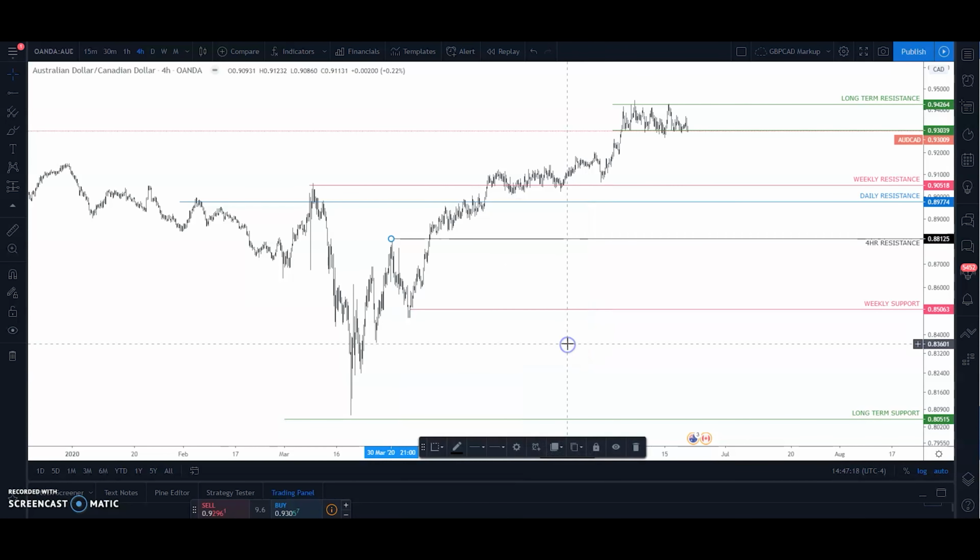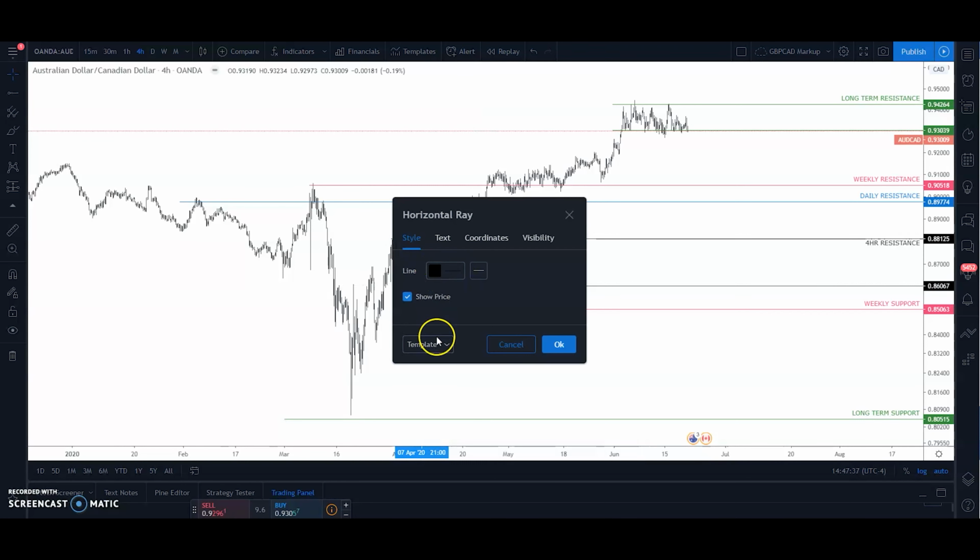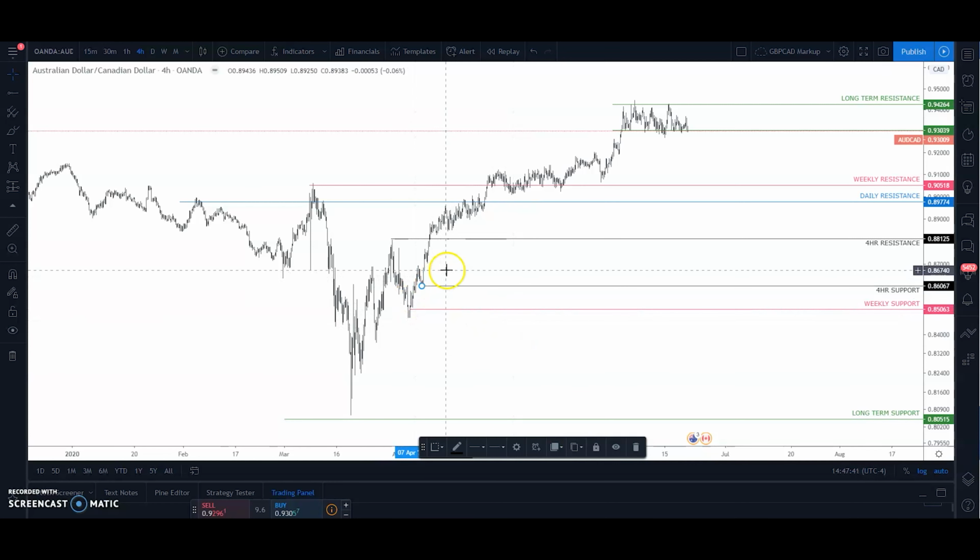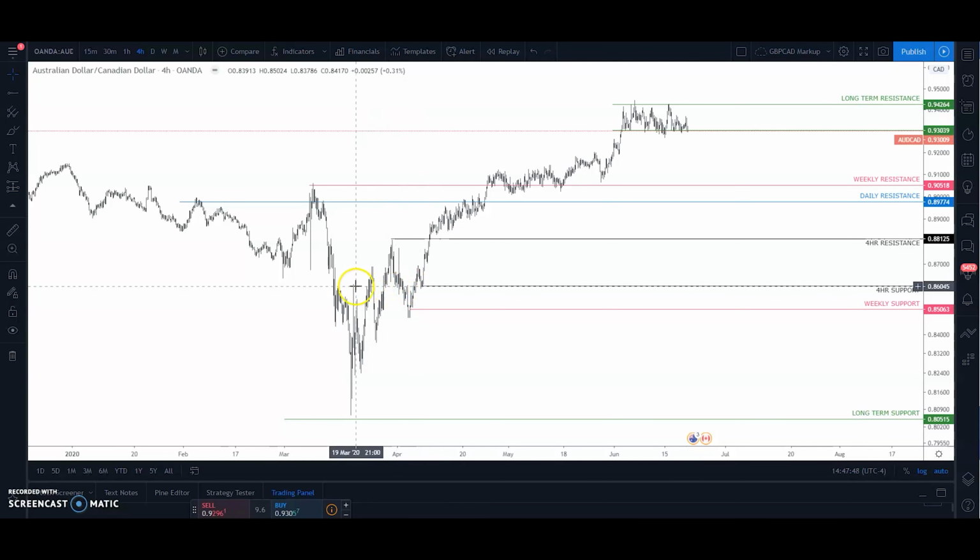And then I got to find my 4 hour support. And so I'm more inclined to pick this area, because if I sit this here and you look left, price reacts to this area.